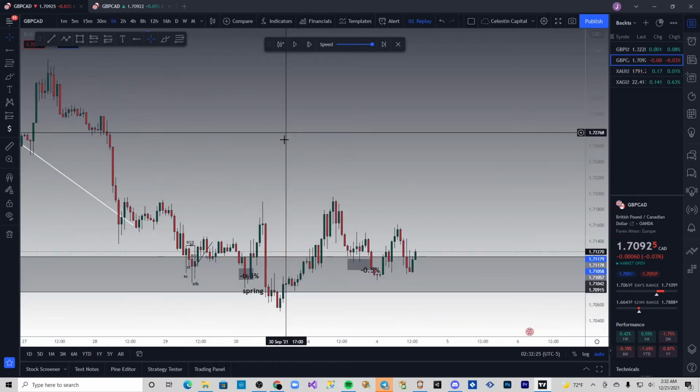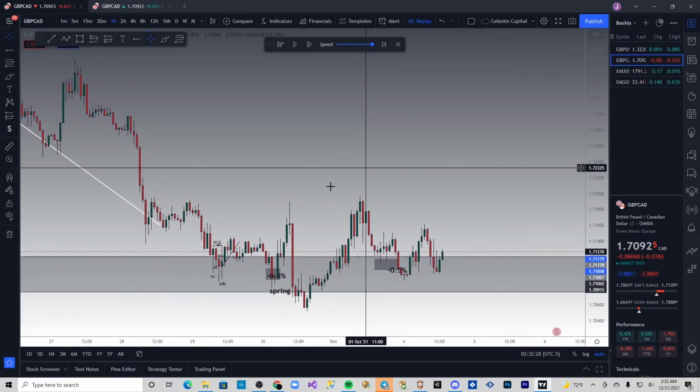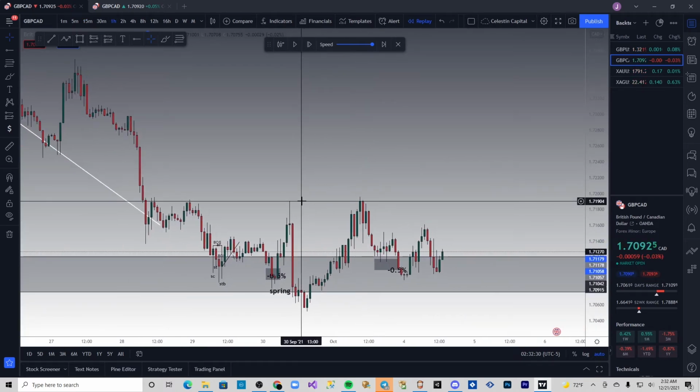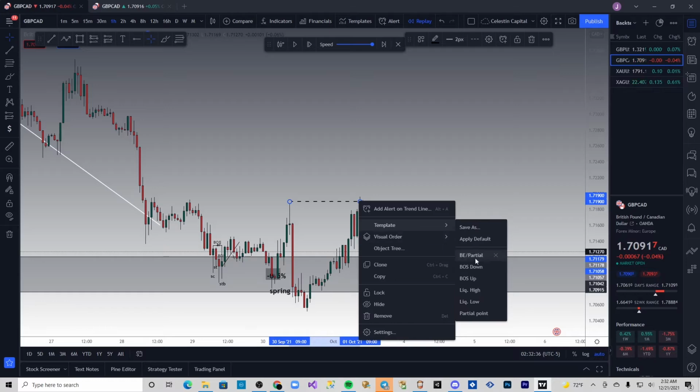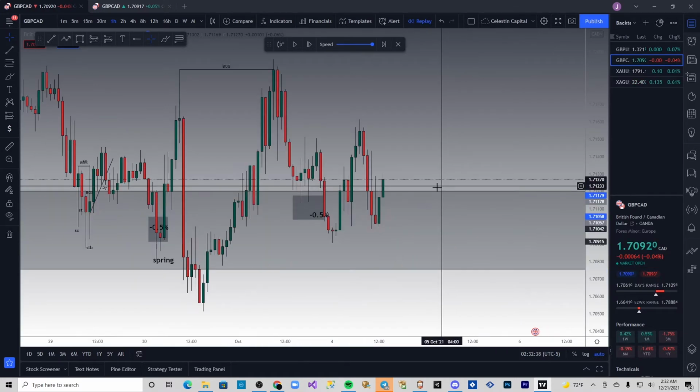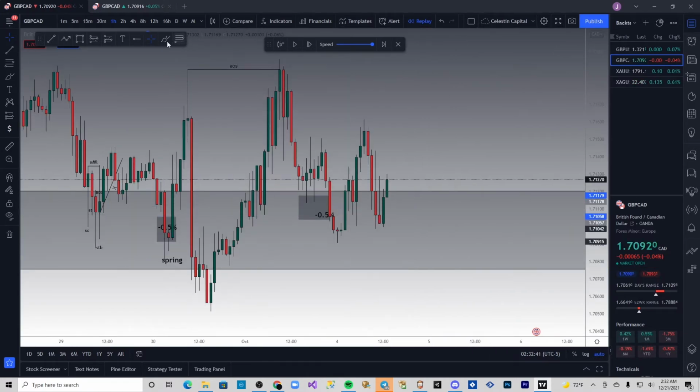Let's actually go back and take a look at structure and see what's going on. So we have this nice impulsive move, which for me broke structure to the upside. BOS up. Now let's see if we get a break of this high right here. If we get a break of this high, we're going to continue looking for buys.